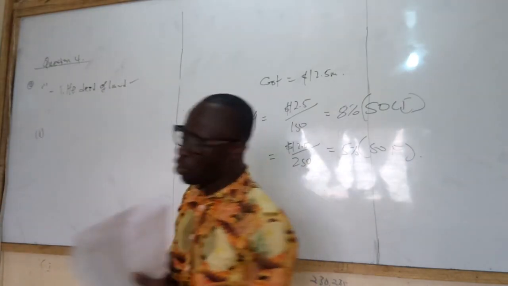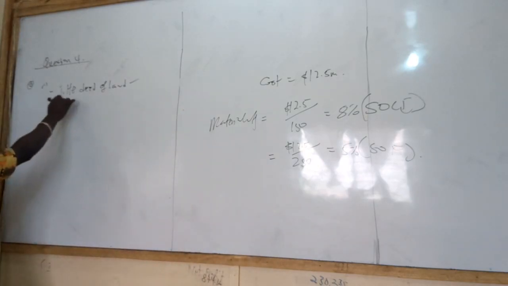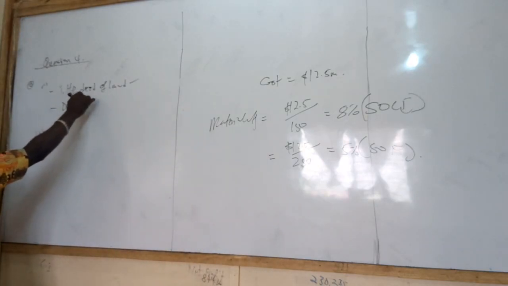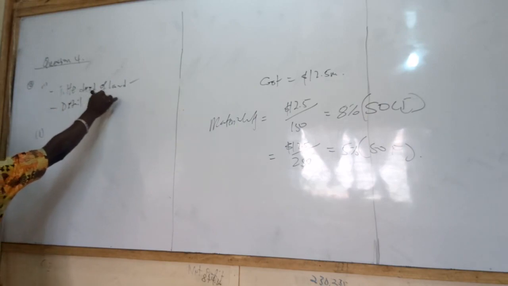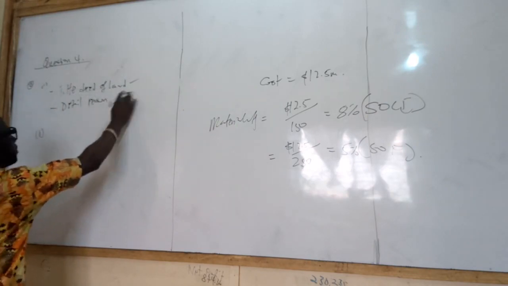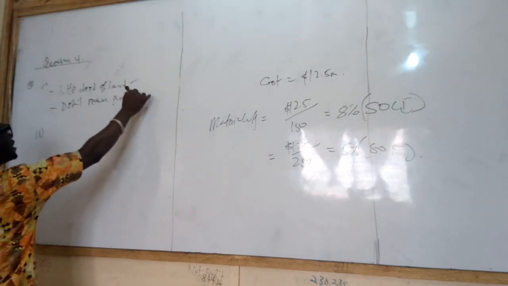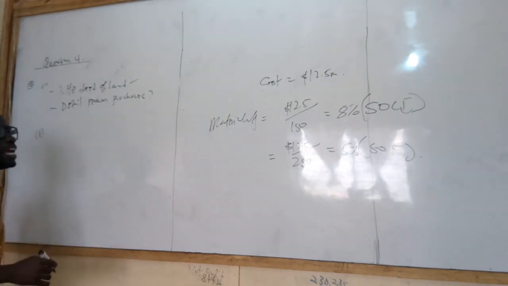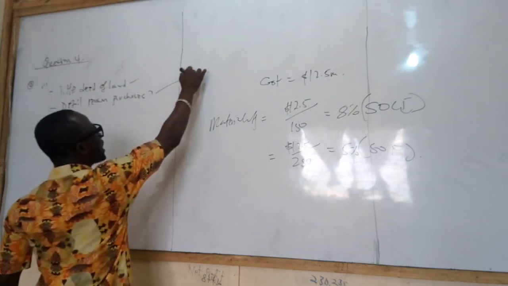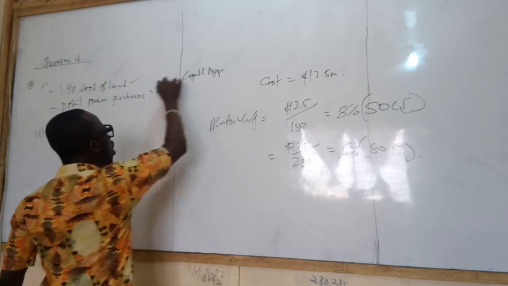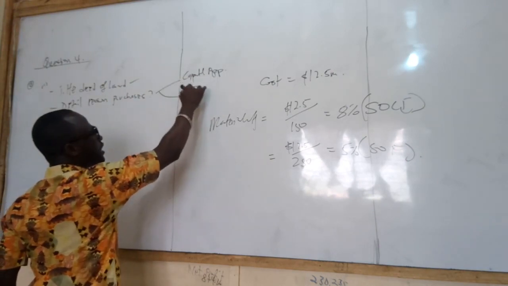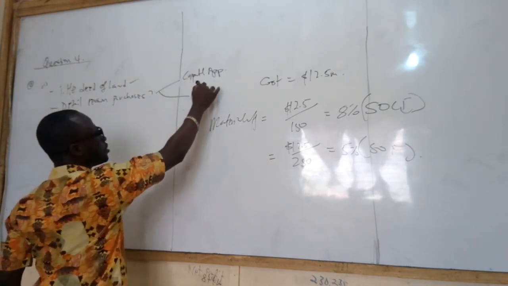Then we also need to obtain detailed reasons for the purchases. So we inquire from management for them to give us detailed reasons for the purchases. Why did they buy the assets? Are you getting it? Did they buy it for capital appreciation or did they buy it for rental purposes?